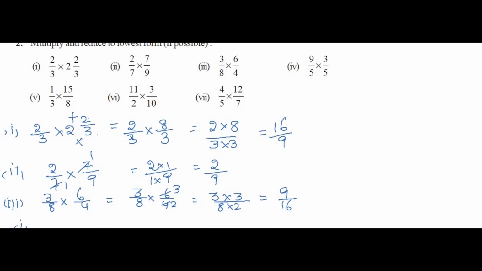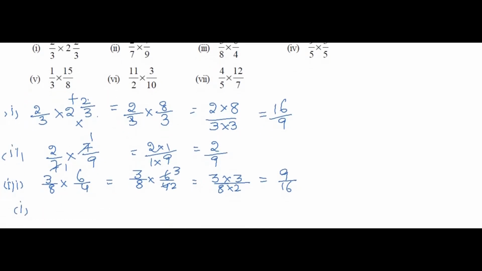9 by 5 into 3 by 5. There are no cancellations here. 9 into 3 by 5 into 5, 9 3s are 27, 5 5s are 25.